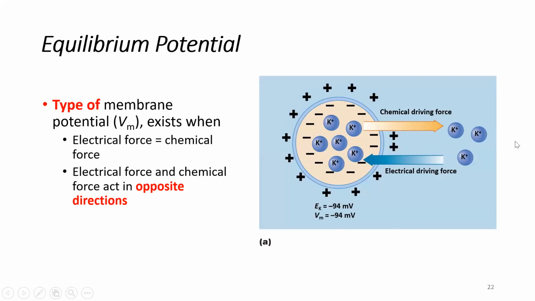So now let's speak about that equilibrium potential. The equilibrium potential is a type of membrane potential, but it's the membrane potential specifically when the electrical and the chemical forces are equal and opposite, okay?